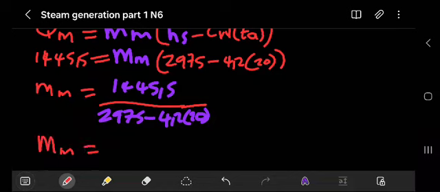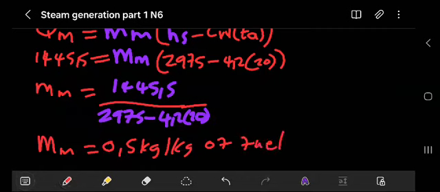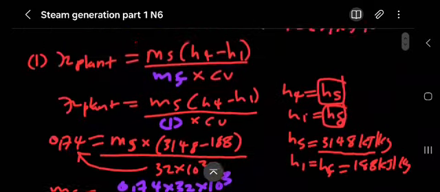The mass of the moisture will be 0.5, if I punch that, kg per kg of fuel. All right, now we have the mass of the moisture.